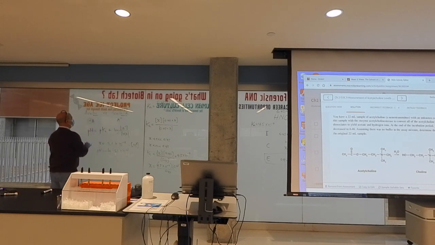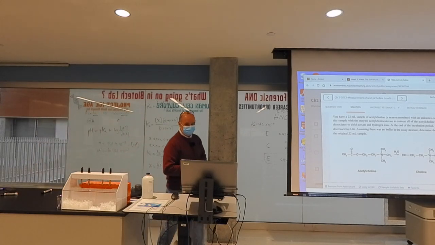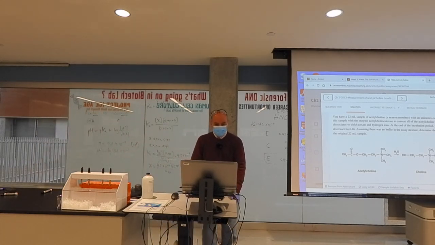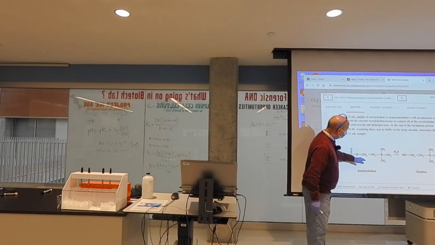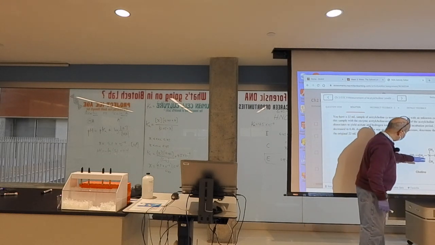And this would be the acid, the HA. So the acetic acid dissociates to yield acetate and hydrogen ions. At the end of the incubation period, you measure the pH again and find that it has decreased to 6.46. Okay. Now, from here you can see that the molar relationship between this and that is 1:1.